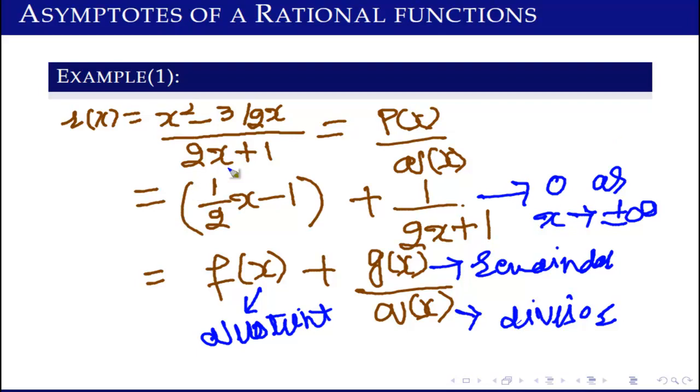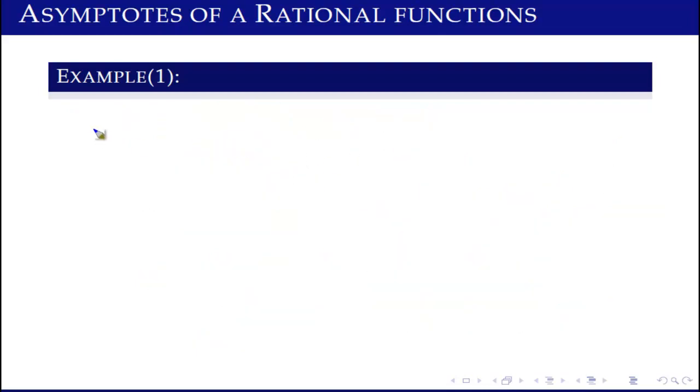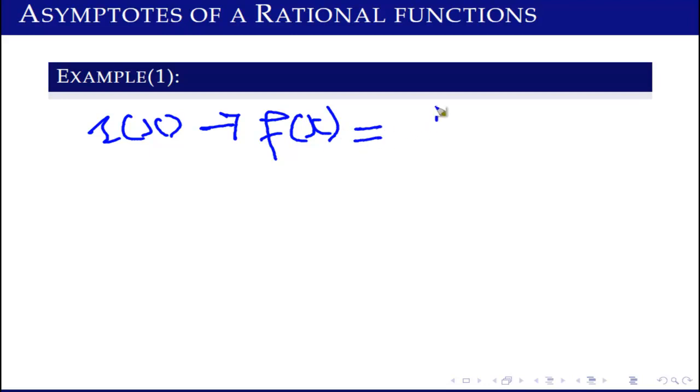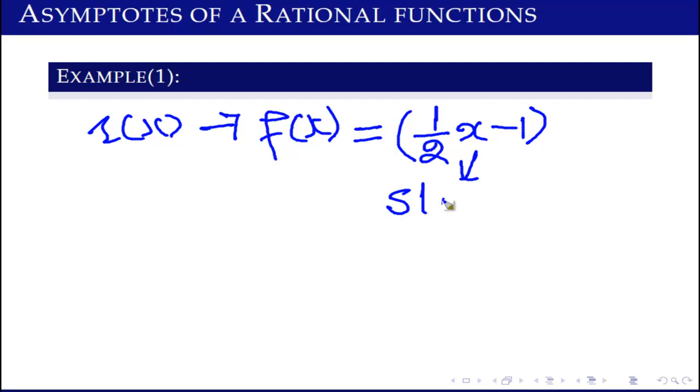Then r of x will approach f of x, and f of x is equal to 1 over 2x minus 1. This will be our slant asymptote.